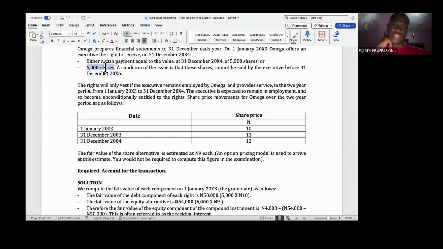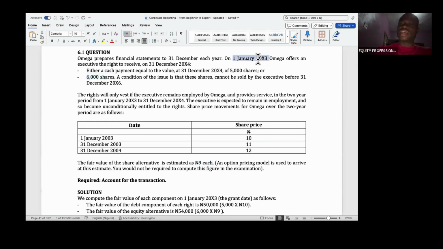So how do we account for this? They gave us a lot of information, but the first thing we need to decipher is that at the grant date, we need to split the value of what we are offering, which ultimately is 6,000 shares, though there's an alternative, which is collecting cash based on the value of 5,000 shares.